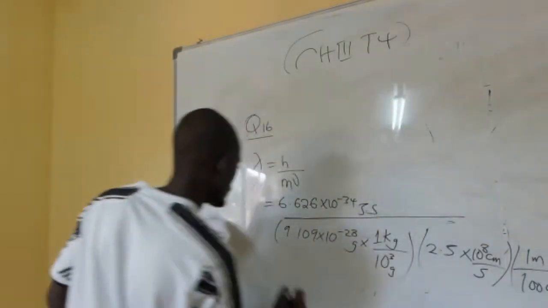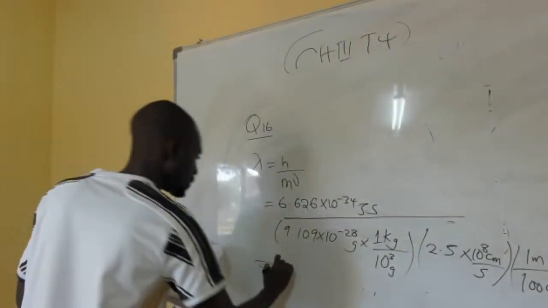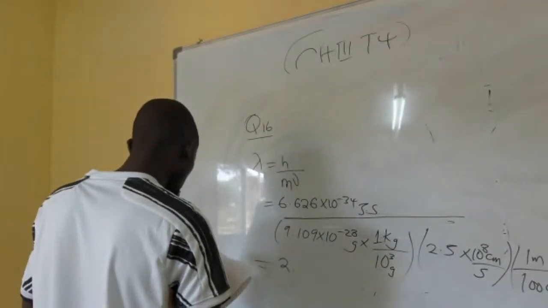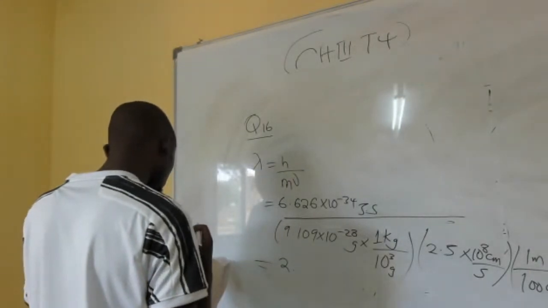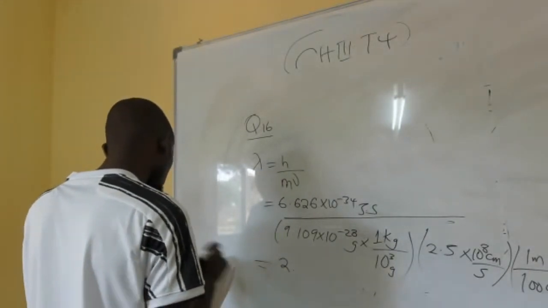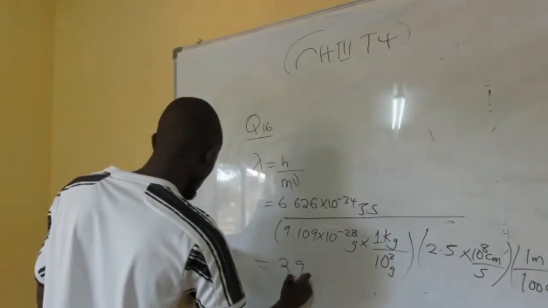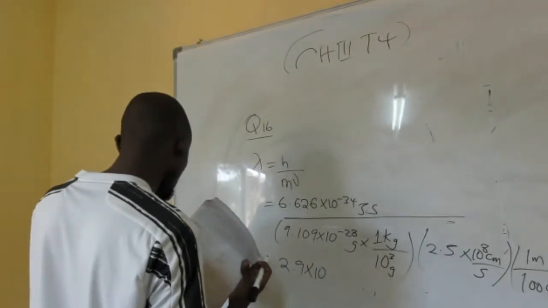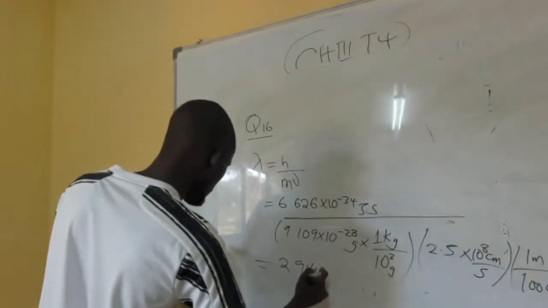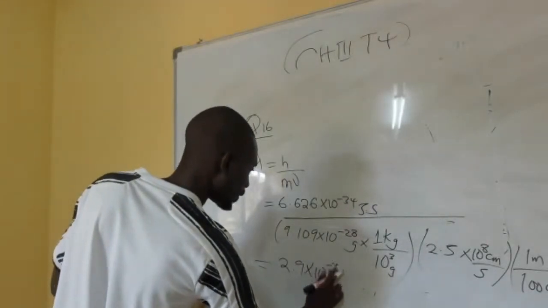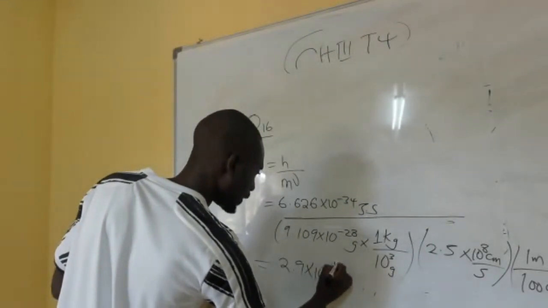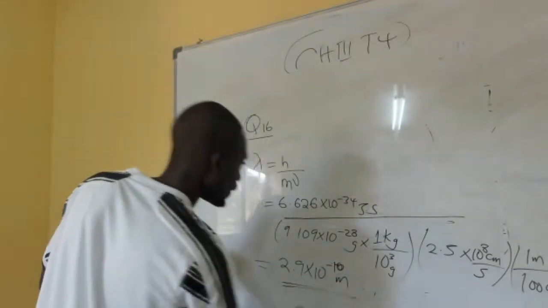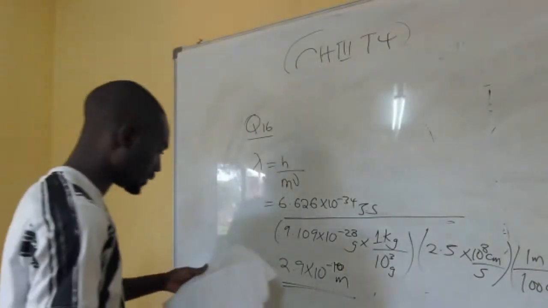This will give you 2.9 times 10 to the power negative 10 m. They just wanted the wavelength here. So then you'd have solved it.